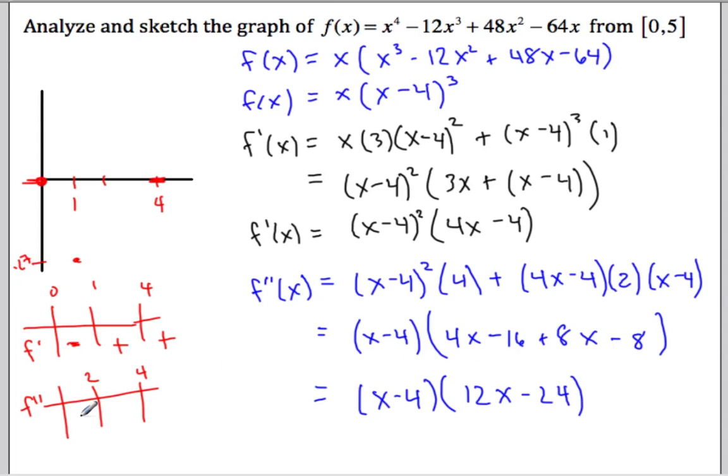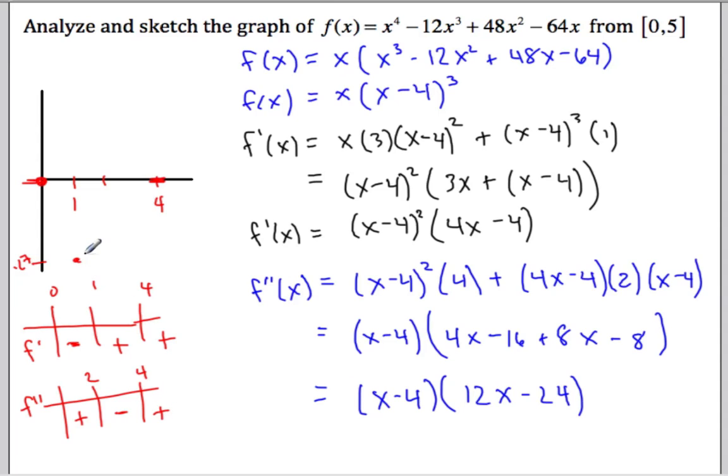So negative times a negative is a positive. So it's an up bowl shape at 1. And it's only changing at 4 and 2. If I plug in 3, I get negative here, and plug in 3 here, I get positive. So positive times negative is negative. And if I plug in 5, positive, positive.